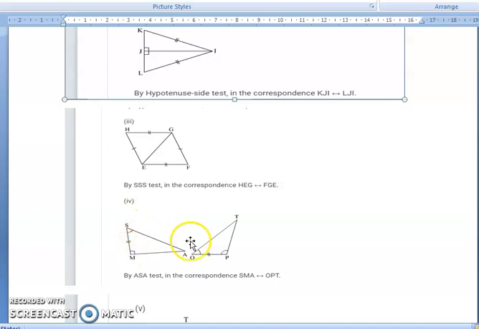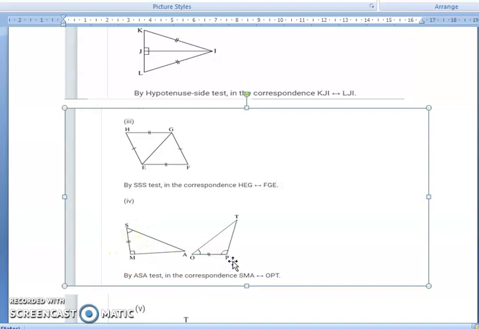Now the fourth: here are the two triangles. Here we can see this is a 90-degree angle, but here it is not a 90-degree angle. This angle is shown congruent, and side SM is congruent to side OP. So we have two angles congruent to two angles, and this side is included between these two angles, and therefore it is the ASA test.